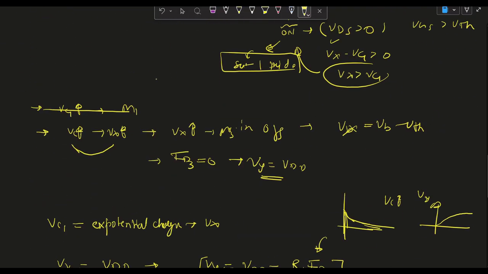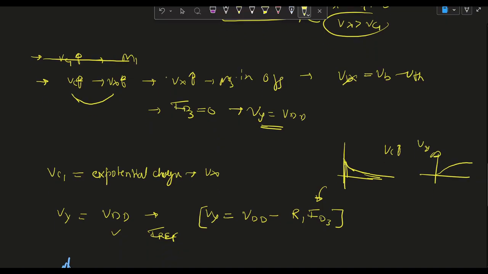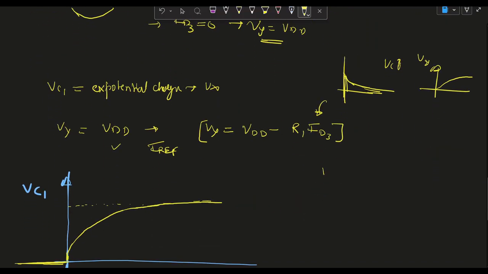The condition for the on state is VGS greater than VTH, but for the cutoff condition, VGS is less than VTH. This is our off condition. Our VG is VG1.